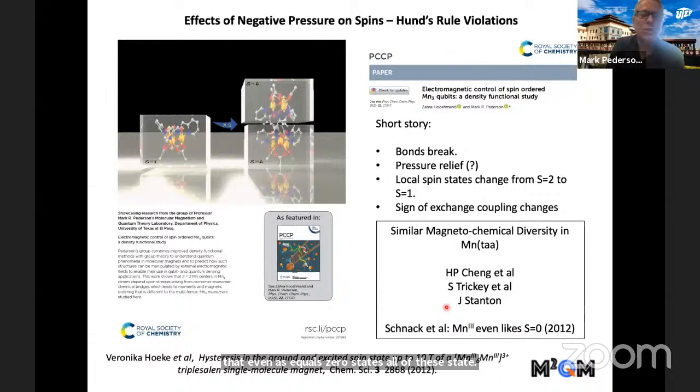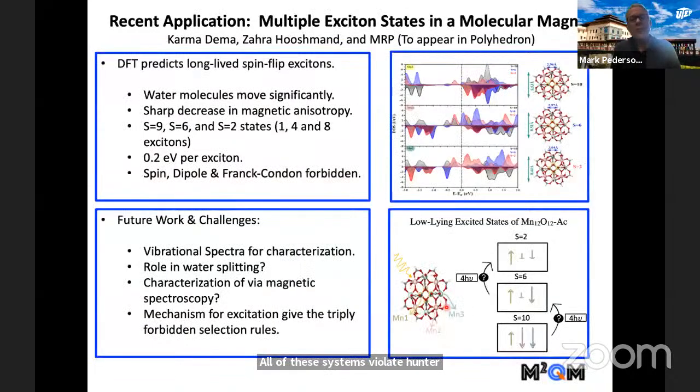All of these systems violate Hund's rule. But that led us back to manganese 12 acetate, and this is some work that's done by Karma Dama in our group. We decided that if we can get these S=1 spin flip excitons in other manganese centers, that possibly this most studied molecular magnet, the one that started the field, might also have these low energy excitations.